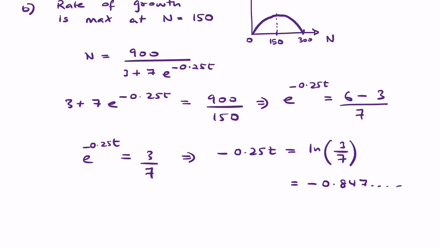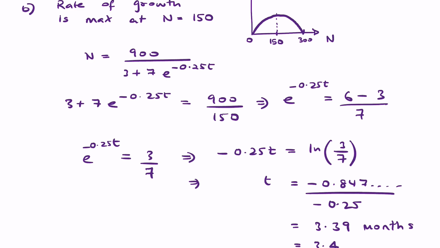And now I'm going to just divide both sides by minus 0.25, and that shall give me a value of 3.39 months, and we can round this to 3.4 months, and that would be basically our answer right here. I hope that makes sense.